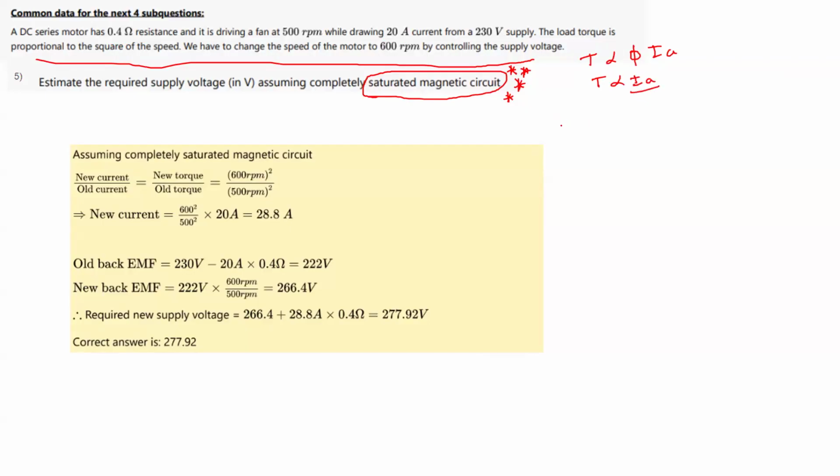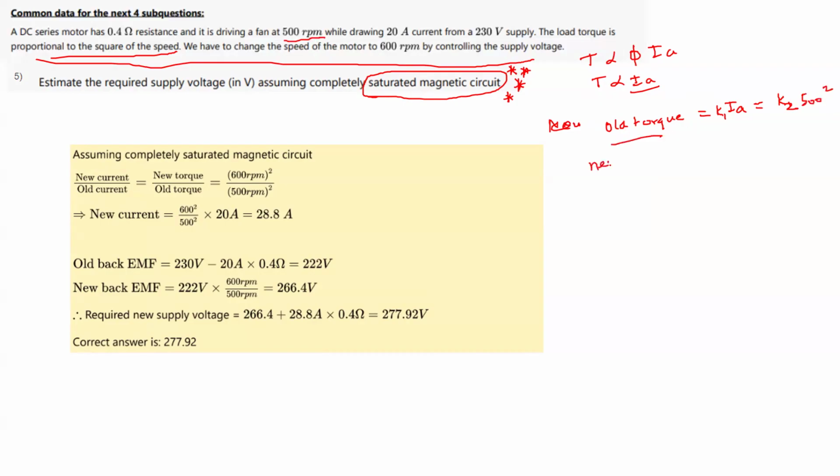So the old torque is proportional to Ia, which is proportional to square of the speed. They have said that the torque is proportional to square of the speed. So let us say this is k1 Ia, proportional to speed square. The initial speed for the first case is 500 square.